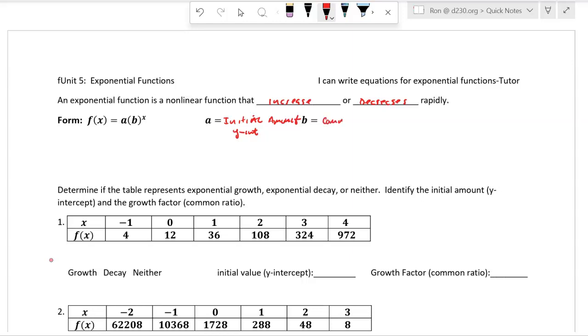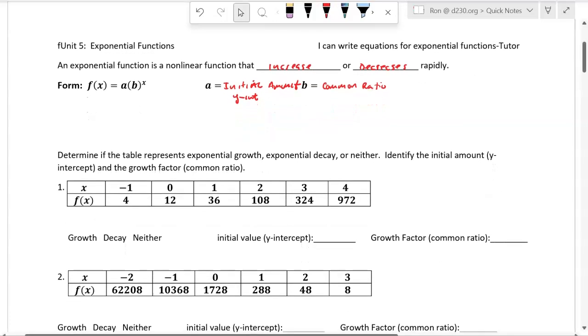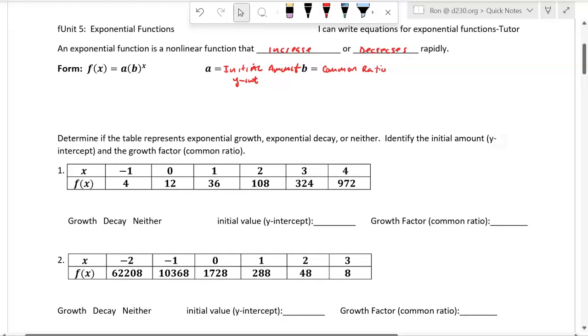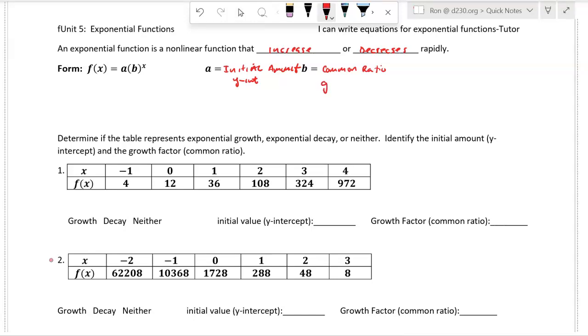B is our common ratio, okay? So with that, you could also use B to determine if it's going to be growth or decay, meaning it's growth if it's increasing, and it's decay if it's decreasing.